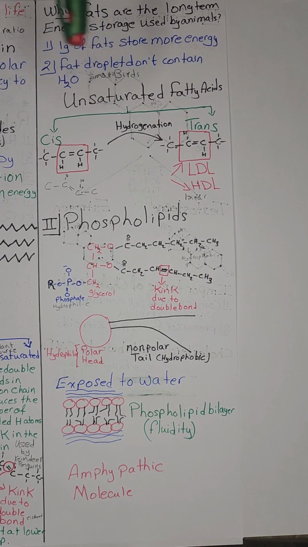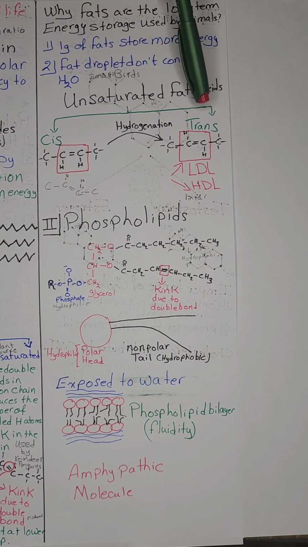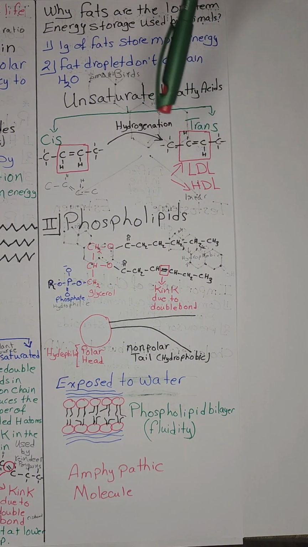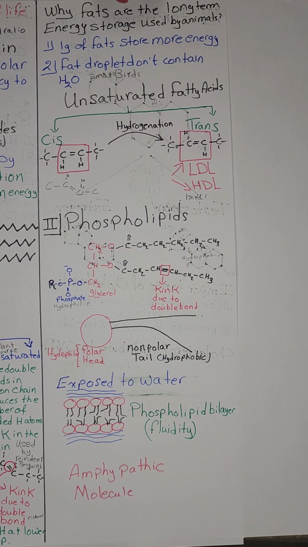However, due to hydrogenation, a second configuration of unsaturated fatty acid could be produced, which is the trans fat, and it is considered very bad for our health because it increases the bad cholesterol in our body and decreases the good cholesterol in our body.